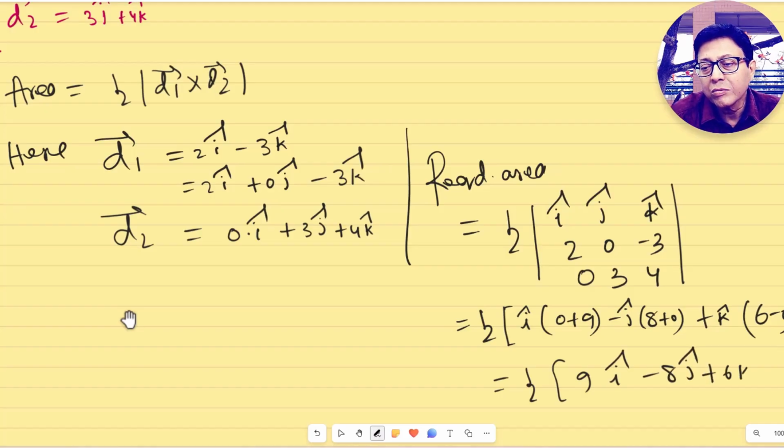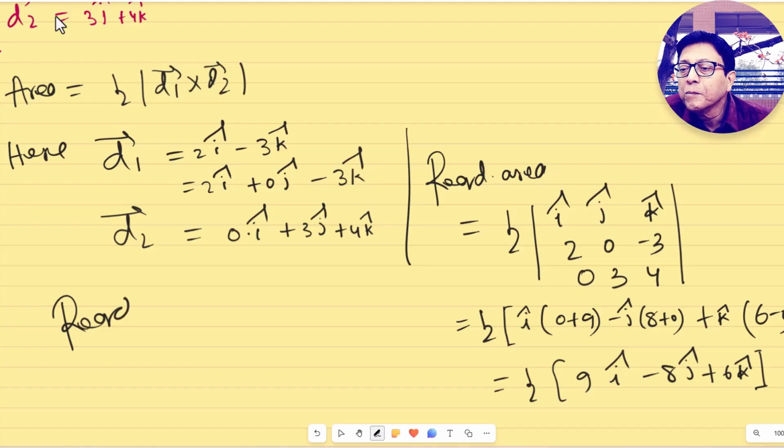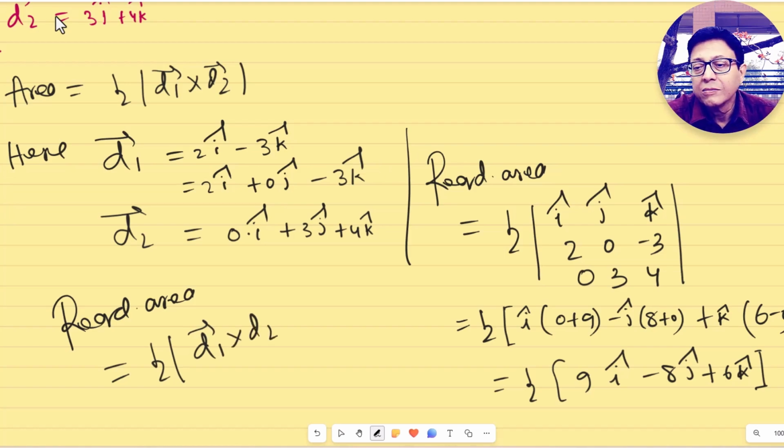Half into i(0 plus 9) minus j(8 plus 0) plus k into (6 minus 0). So it will be half into (9i minus 8j plus 6k).